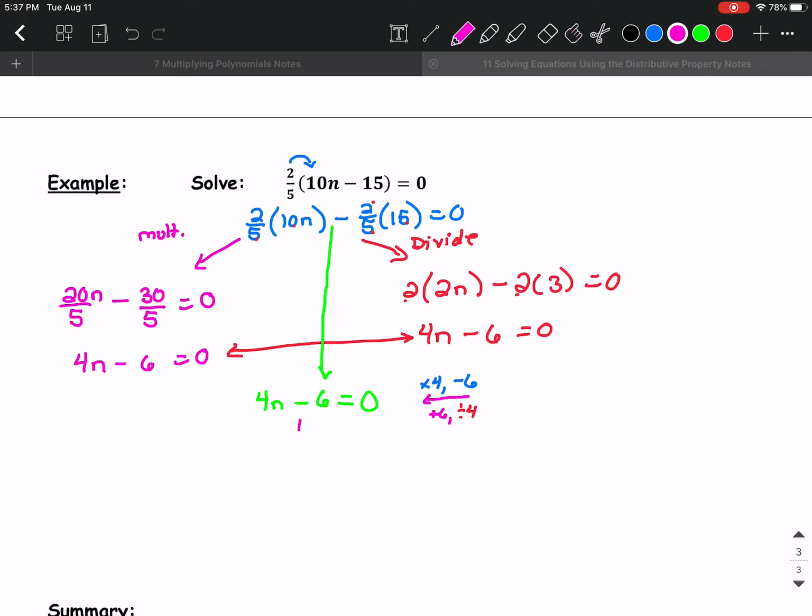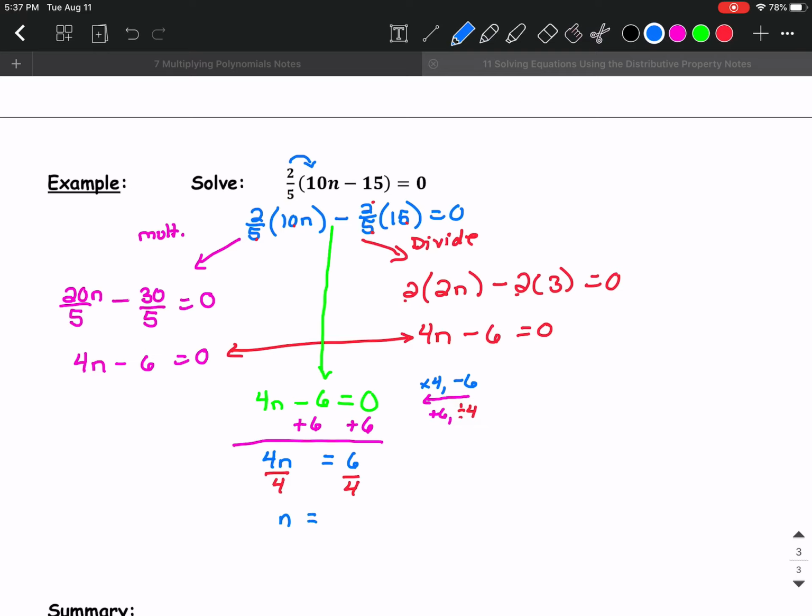Let's add 6 to both sides. That'll give us 4n. The 6's add to 0, and 0 plus 6 is 6. Then we divide both sides by 4.